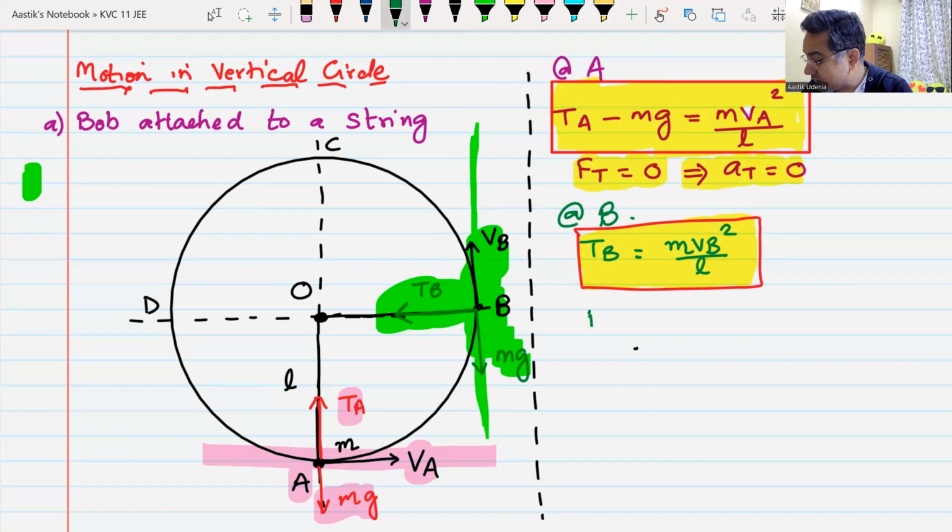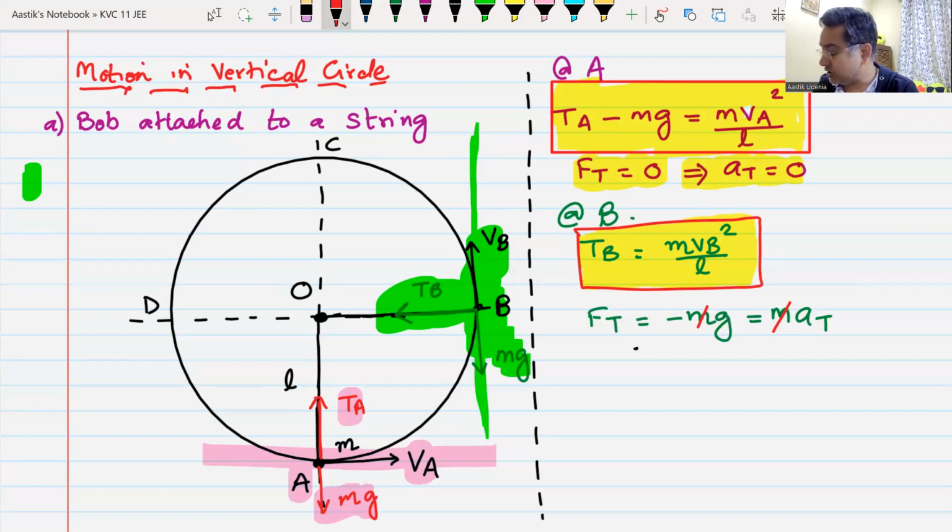I can always call the direction of velocity as positive. So if I call the direction of velocity as positive, the tangential force acting on it will be minus mg. So tangential force becomes minus mg, and that will be equal to mass into tangential acceleration. From here, you will get the value of tangential acceleration, which would be minus g.